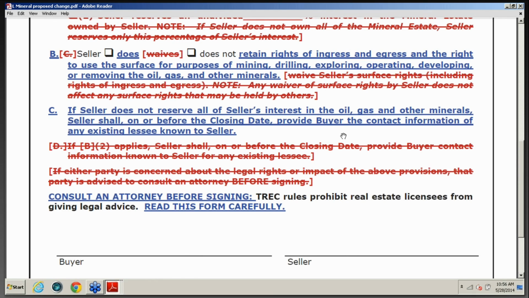You can always refer back to the contract, but remember, we can't practice law without a license, but we can read the contract and say, according to the terms of the contract, this is what it says. Now, depending on what your amendment said, if your amendment said by a licensed or commercially engaged person, then obviously that was not done properly and you're going to have to seek legal counsel. So I wish I had a better answer, but that's my answer.